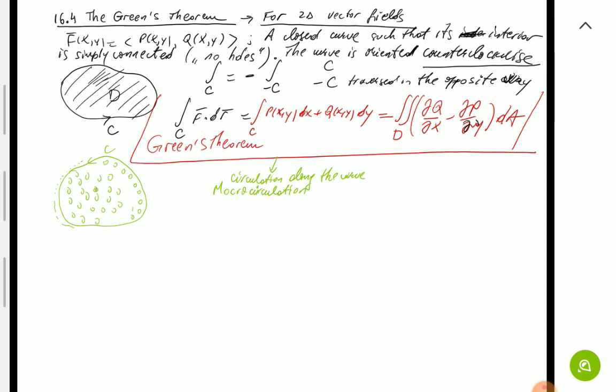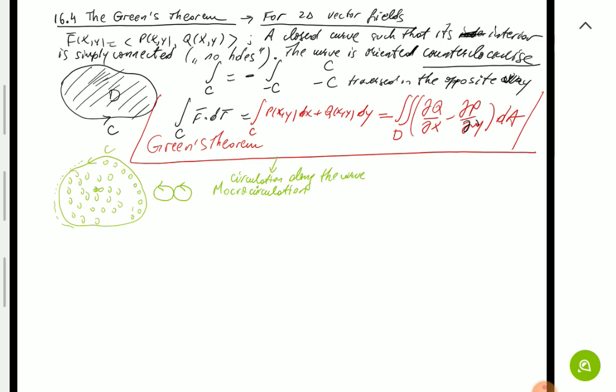So if I look at these two nearby microcirculations inside the big vortex, I'm going to exaggerate, of course, the size of these microcirculations. Again, we're looking at the counterclockwise circulation.